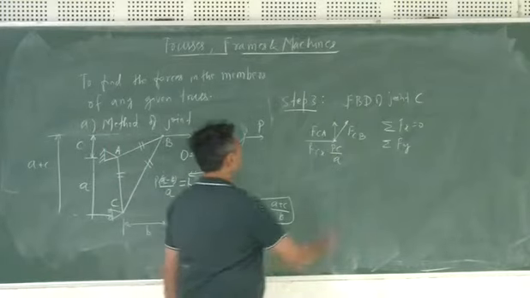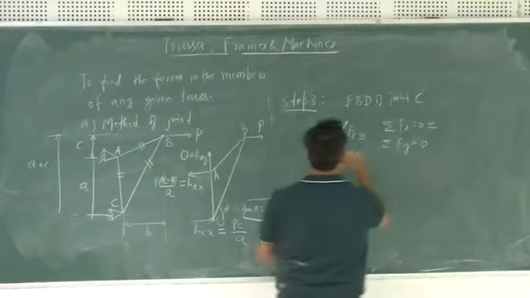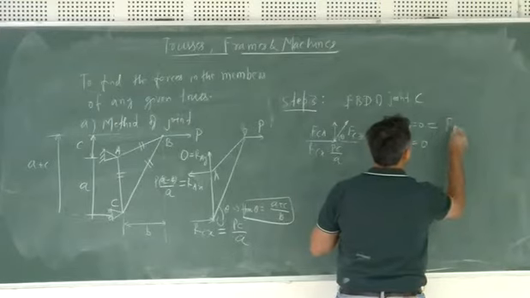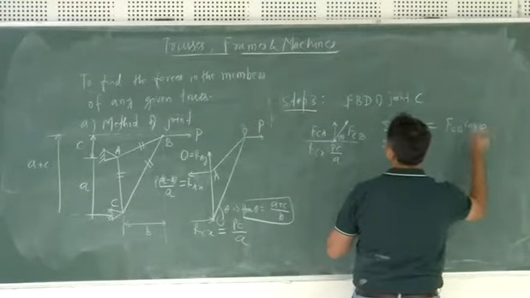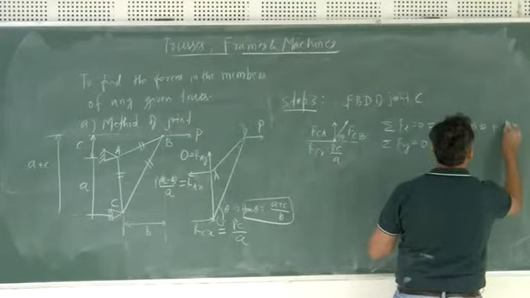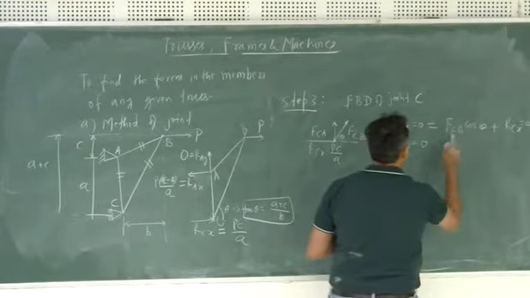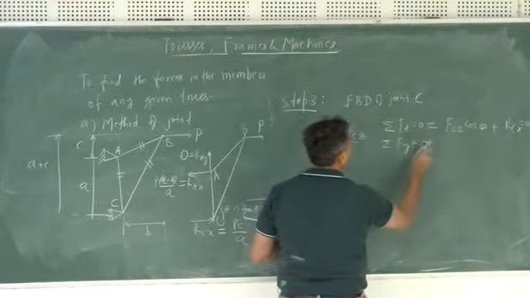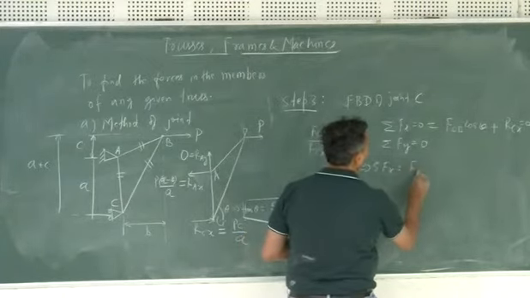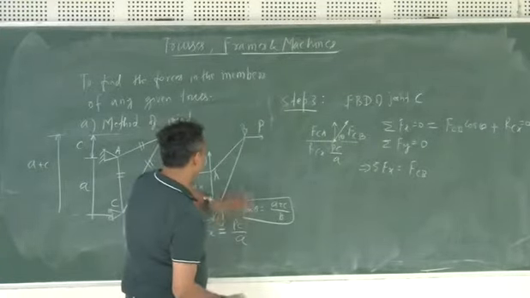So it means that your equilibrium equation along x will be nothing but FCB cos theta plus RCX equals to 0. But for FCB, what is your cos theta? Cos theta based on this formula will be this divided by this.